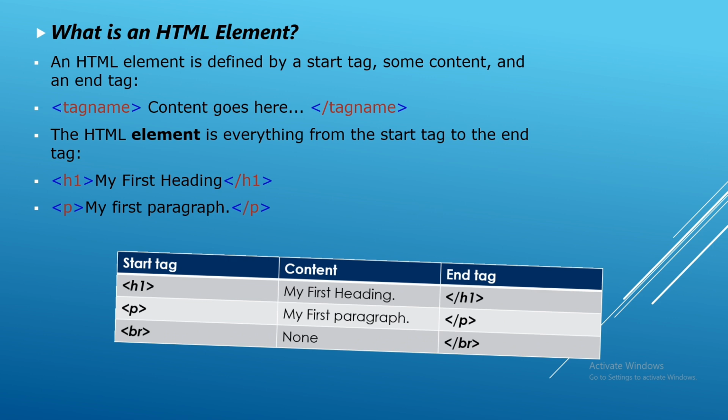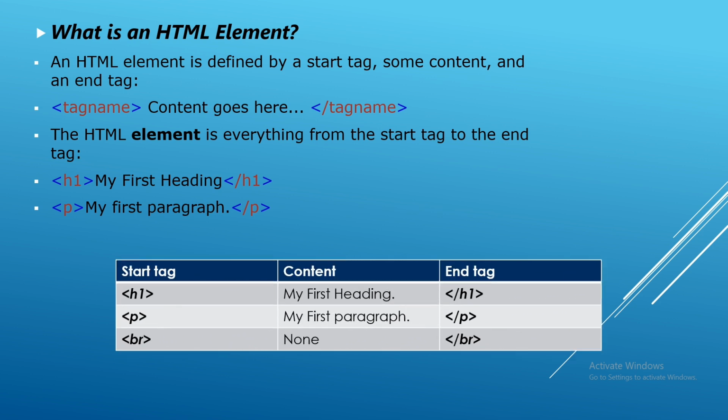Here's a table example. This will be needed for the getting started in HTML part 2 video. You'll be thinking, why would the BR tag have no content? BR means break.